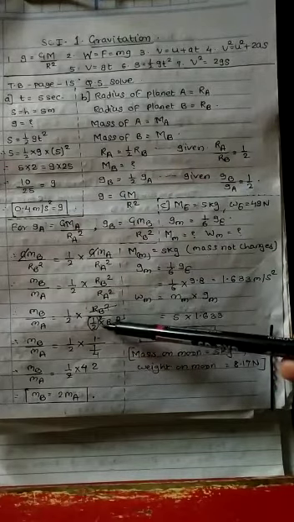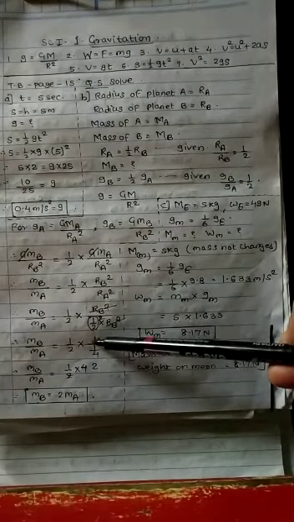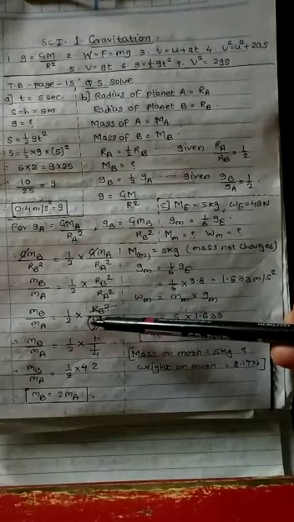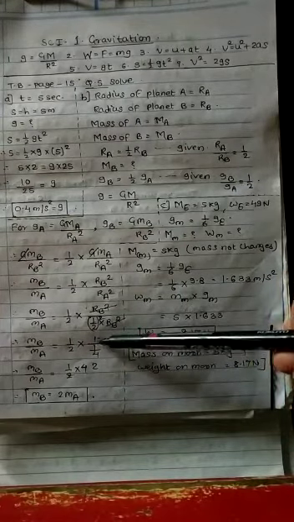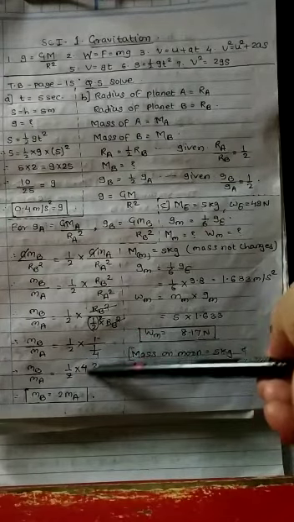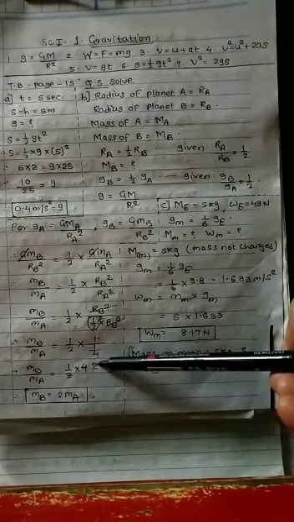Half Rb square, that is half square Rb square. Half square is 1 upon 4. Again Rb gets cancelled. This 1 upon 4 is on the denominator side, that's why it gets inverted, that is 4 upon 1. So here it gets multiplied, that is 1 upon 2 into 4. So 4 divided by 2 is 2.